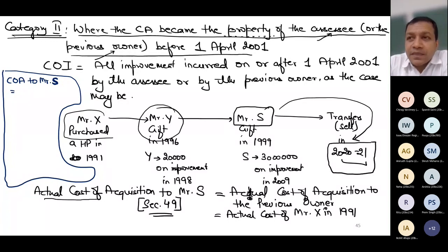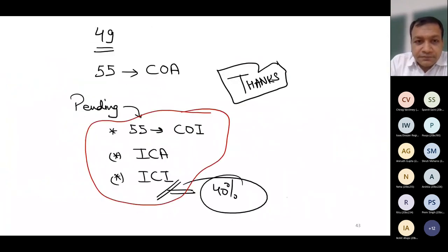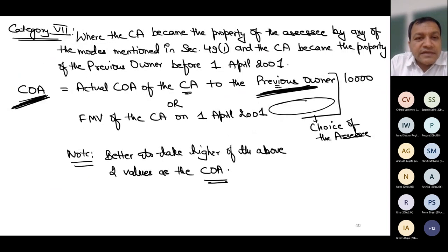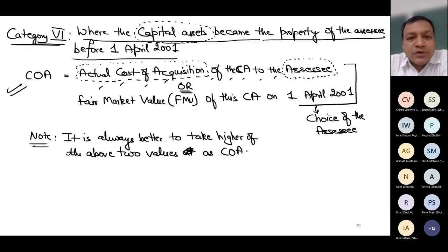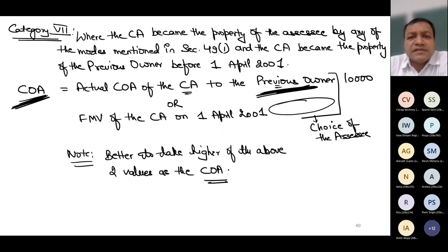Category 6, when assets have been acquired before 1st April 2001, where the capital asset became the property of the assessee before 1st April 2001. And category 7 was when capital assets became the property of the assessee by any of the modes mentioned in 49(1). Yes, in my case, category number 7 is applicable.